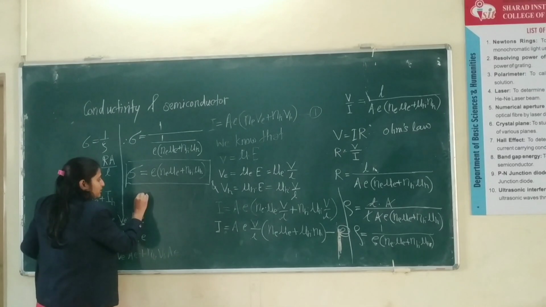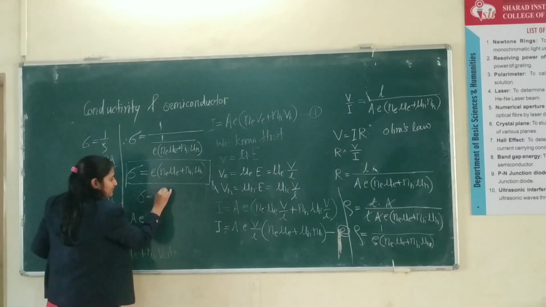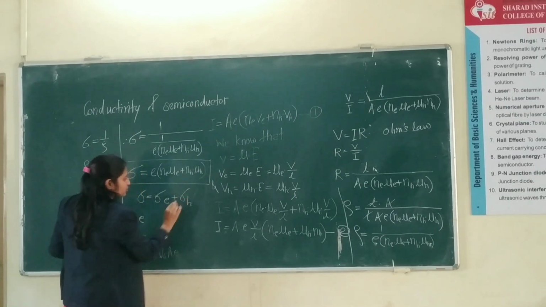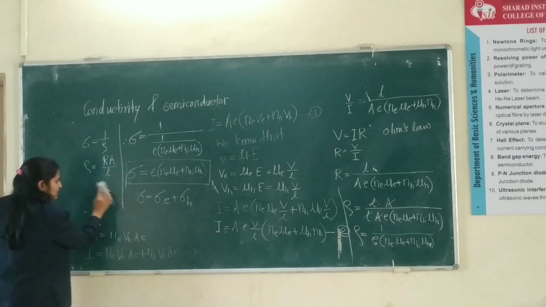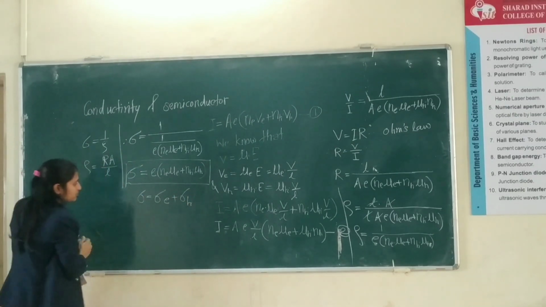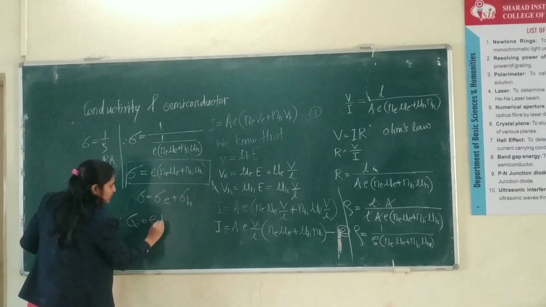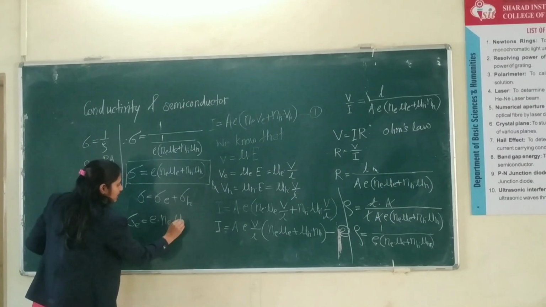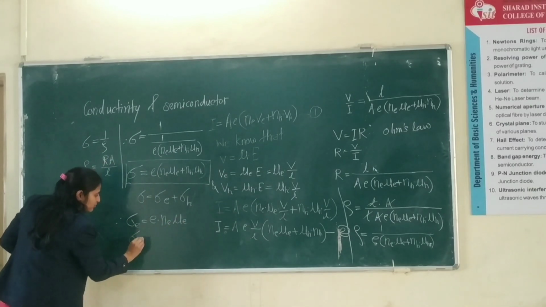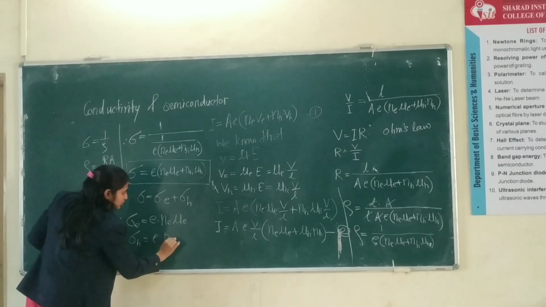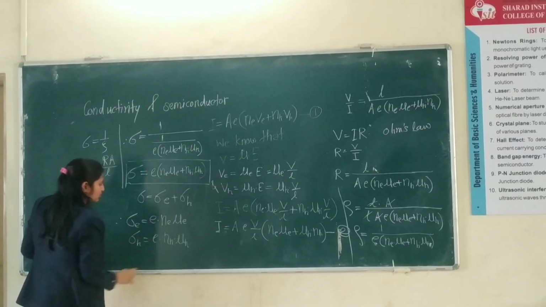Again, we know that sigma is sigma E plus sigma H. Okay. So using this above equation, we can write sigma E is equal to E into Ne into mu E, and sigma H is equal to E into NH into mu H. Okay.